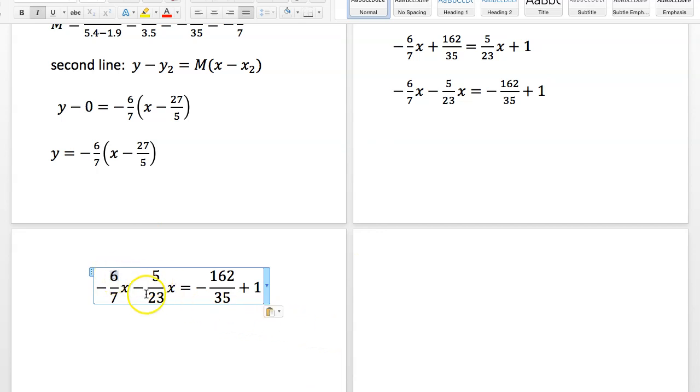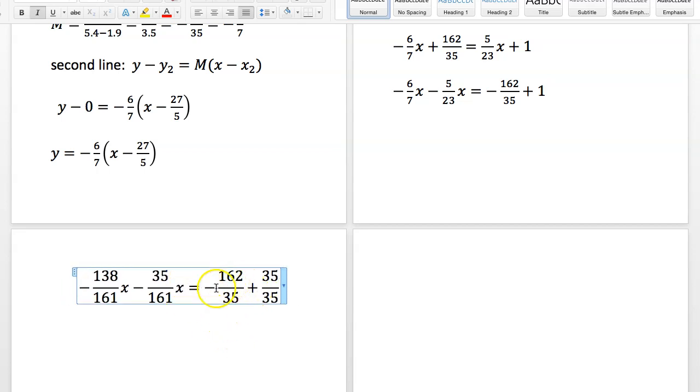If I go across the diagonal, I've got to multiply 23 here, 23 here. 23 times 6 is carry the 1, so that's 138. And then down here, 23 times 7 is 161. And likewise here, 161. Now 7 times 5 is 35. Now here, I turn 1 into 35 over 35.